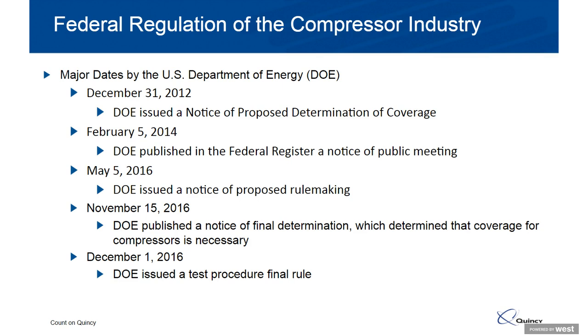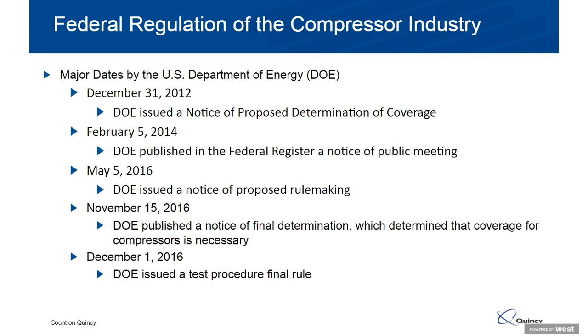Some of the dates, starting out on December 31st of 2012, the DOE issued a notice of proposed determination of coverage. Basically, that meant that they were notifying the public that they were going to be covering industrial air compressors as regulated equipment.